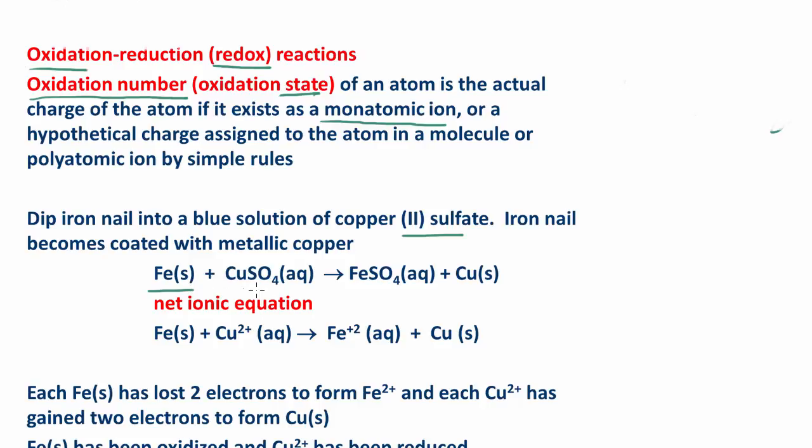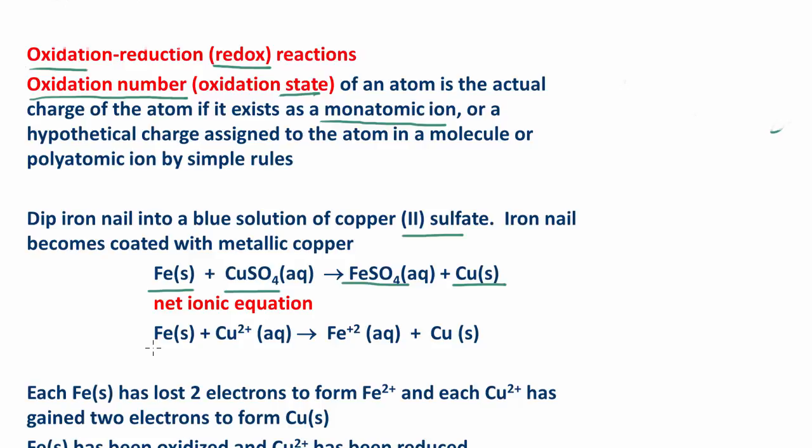We have solid iron in copper 2 sulfate solution, and the result is we have solid copper that deposits onto the nail, and we end up with iron 2 sulfate in solution. So the copper is actually displacing the iron.